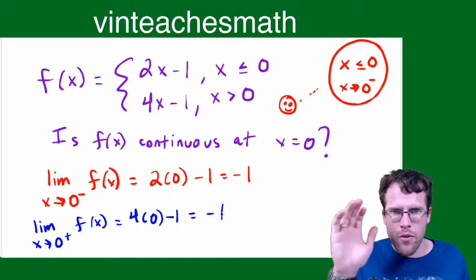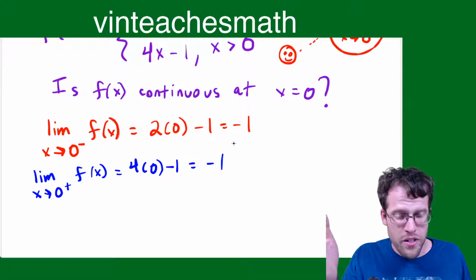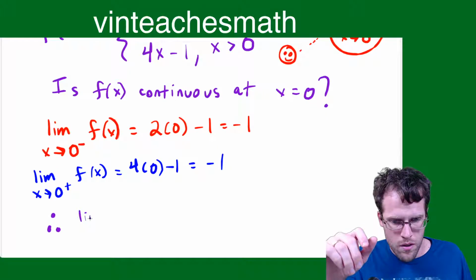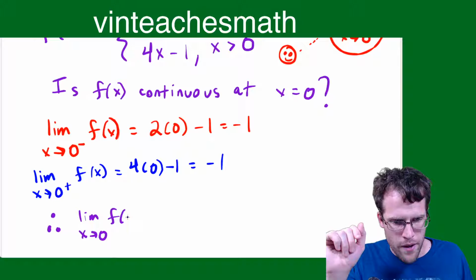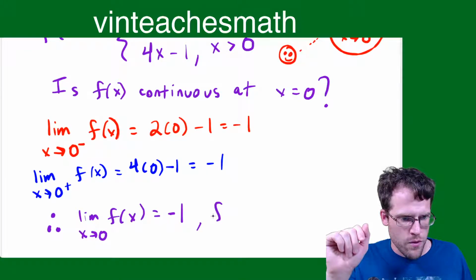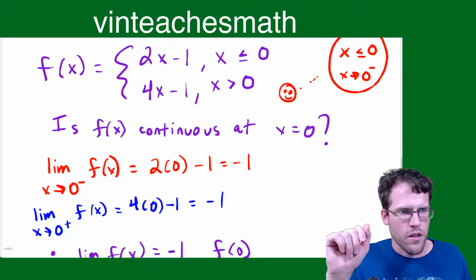So now we have to draw our conclusion. And our conclusion here is that these limits are equal. So we could say, therefore, the limit as x approaches 0 of f of x equals -1. However, we also could say here that the function value at 0, if we look up, see when x is less than or equal to 0.